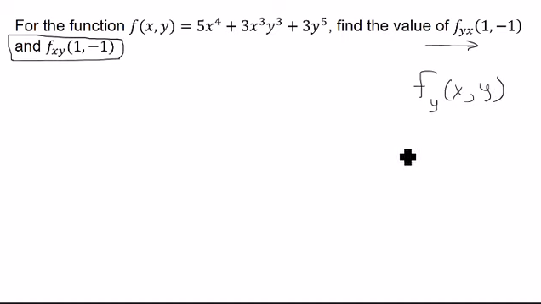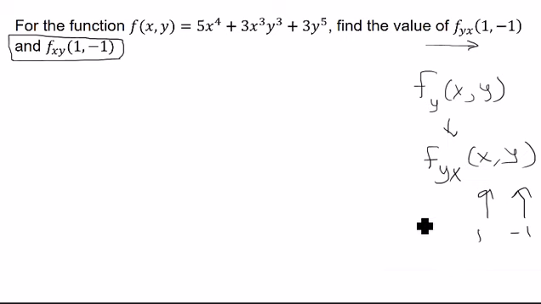And then the second step is going to be the derivative of that result from the first step, which is f sub y, with respect to x, and then we're going to do x comma y. So that's how we'll find the derivatives, and then eventually we're going to replace x with 1 and y with negative 1. Alright, so let's move on and try this out.